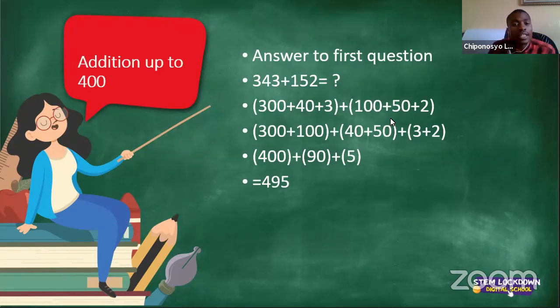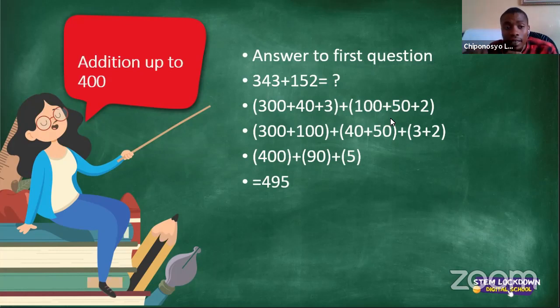Then I have my units. It's 3 plus 2. I have a 3 here and I have a 2, so I add my units together. Then I have my answers. It's 400, because 300 plus 100 is 400.